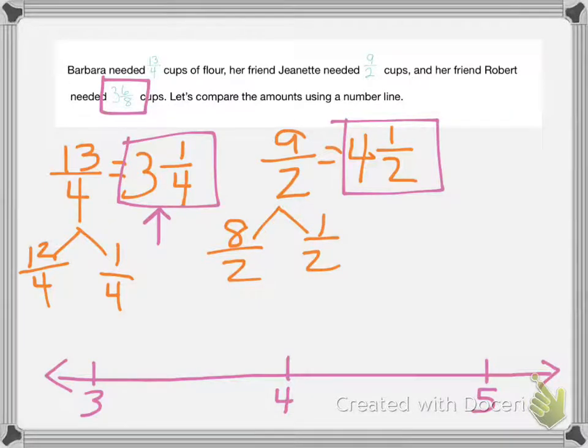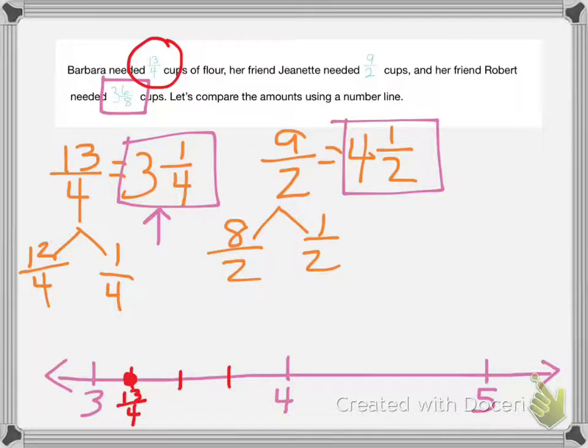So if I were to picture that, this whole right here is broken up into 4ths, from 3 to 4. 3 1/4 would be right here. Now pay attention, when I plot this, I'm not actually going to write 3 1/4. I'm going to write my original number, which was 13/4 cups. Okay? All right, so we plotted Barbara.